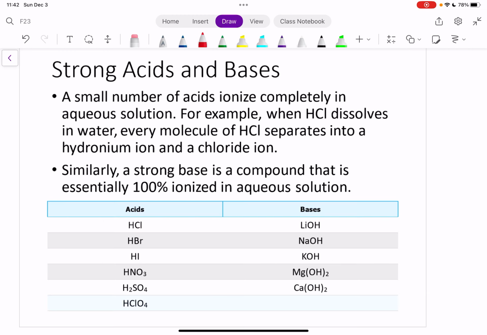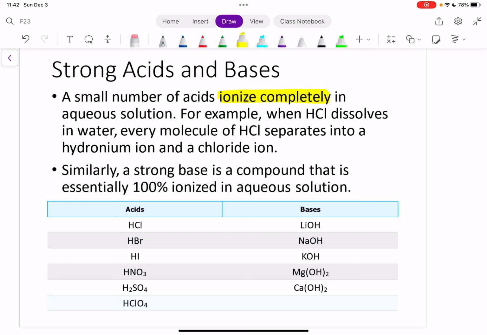All right, so just as there were strong electrolytes and weak electrolytes, there are also strong acids and bases and weak acids and bases. There are a small number of acids that ionize completely in aqueous solution. What does that mean? Just like we talked about with electrolytes, when we put these acids in water they break up into their ions 100%.